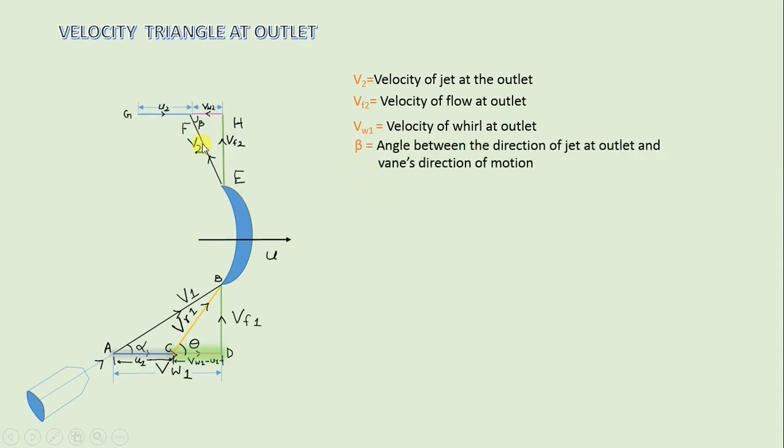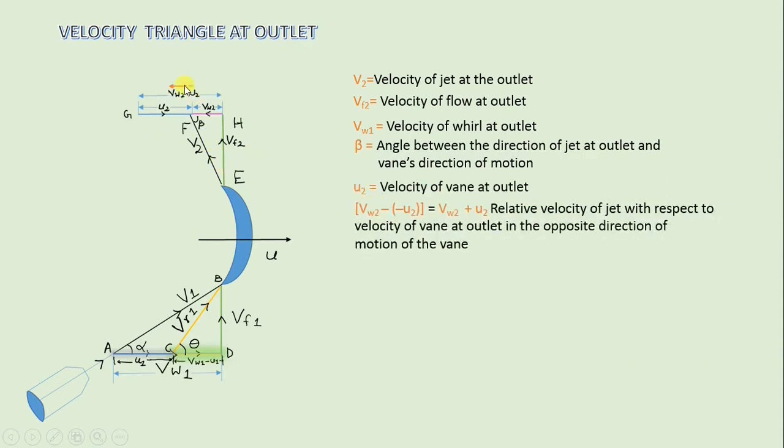Next is U2. U2 is the velocity of vane at outlet. As the directions of these two components are opposite to each other, the component will be U2 plus VW2 in the opposite direction of the motion of the vane. Okay, this direction is opposite to the motion of the vane.